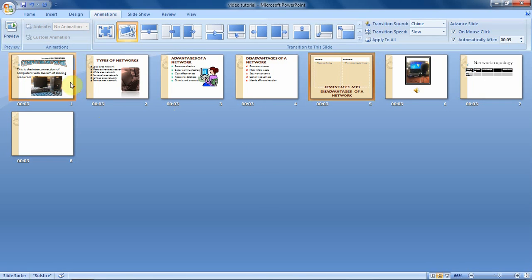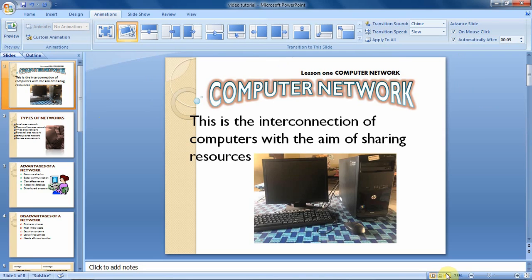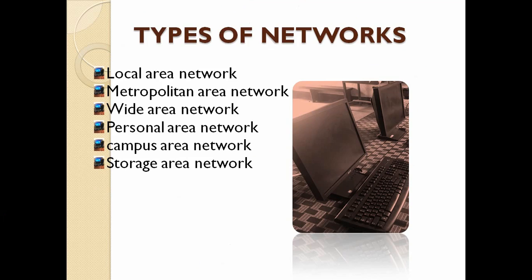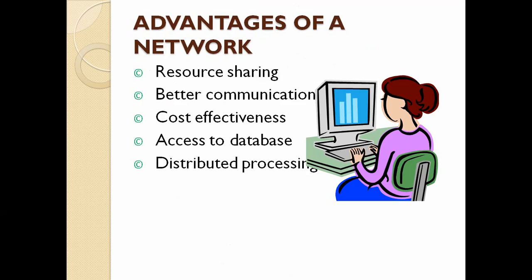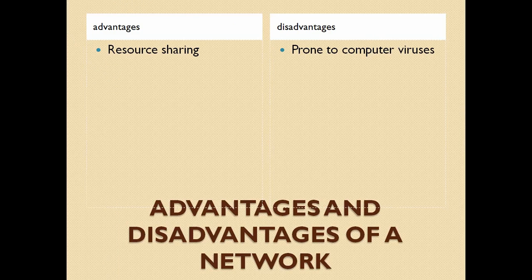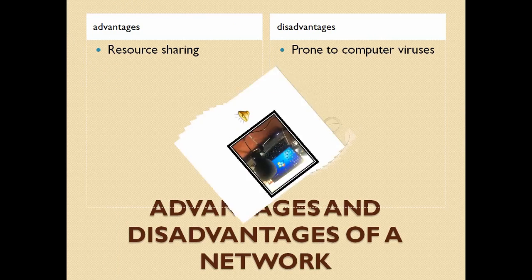Let's click on the first one, then go to the normal view. Then we click on slide show. I'm not going to click, but I will wait and see whether after 3 seconds the slides keep on moving. We are not clicking, but the slides are advancing. So that's how you can apply such kind of settings.